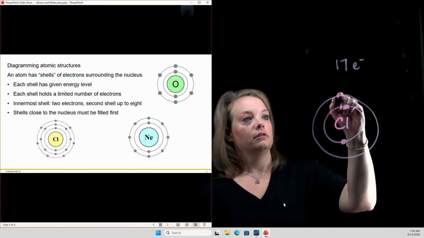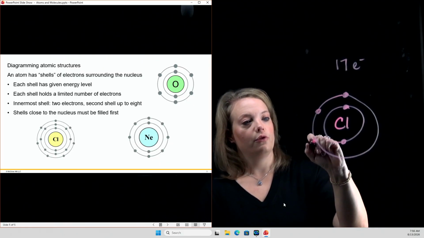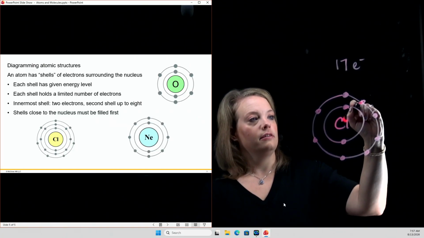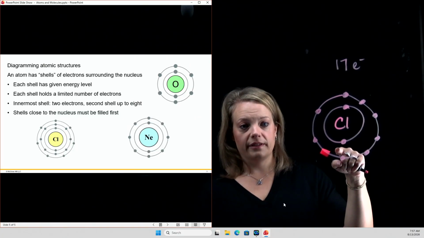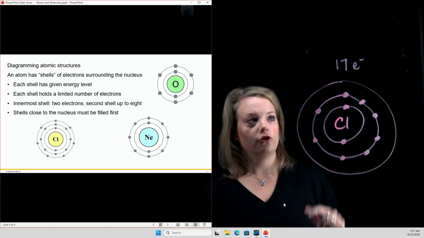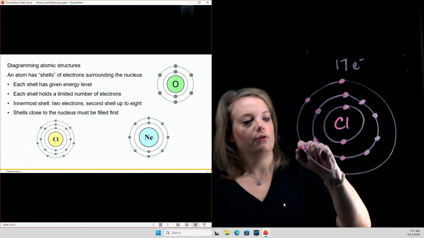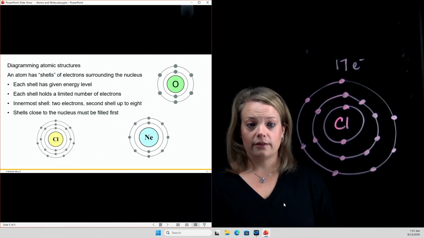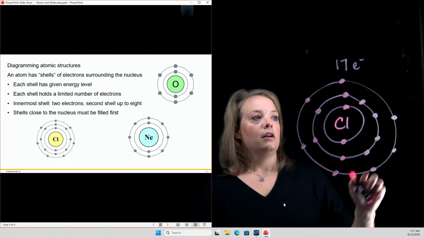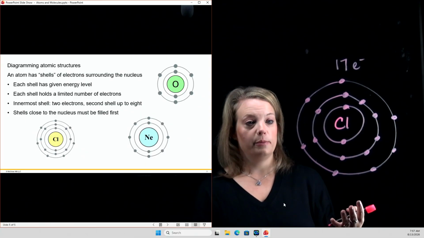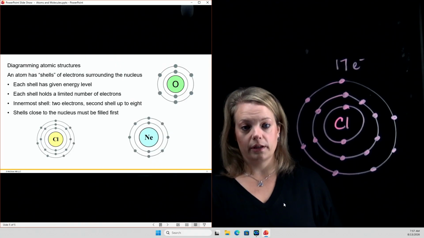That second shell is going to have 8. 1, 2, 3, 4, 5, 6, 7, 8. So 8 plus 2 is 10, and we've got 7 electrons to work with in that third shell. 1, 2, 3, 4, 5, 6, 7. So that's all of the electrons that chlorine has. It only has 7 electrons in its outer shell. It needs 8 to be stable. So that means it's going to form a chemical bond with another atom in order to become stable.